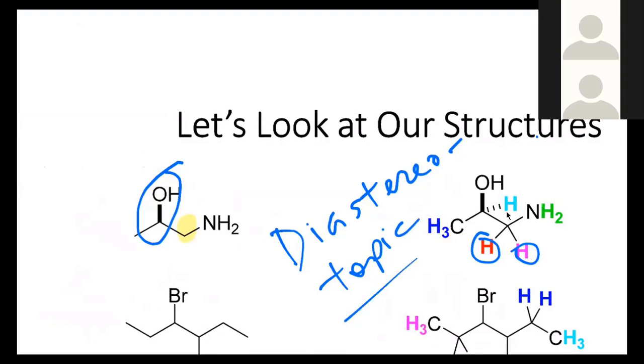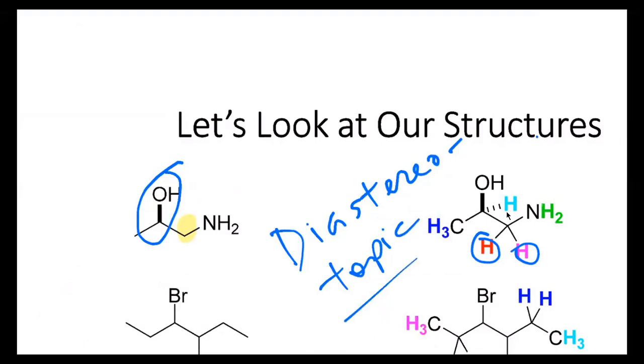The reason they're called diastereotopic is because, just like we did the test for equivalence the other day, if you swap either one of those hydrogens out with another atom, you will generate a diastereomer. Do y'all remember that term from when we first started talking about chirality, and we talked about enantiomers and diastereomers? Because if you were to test for equivalence, each one of those hydrogens will give you a different diastereomer.